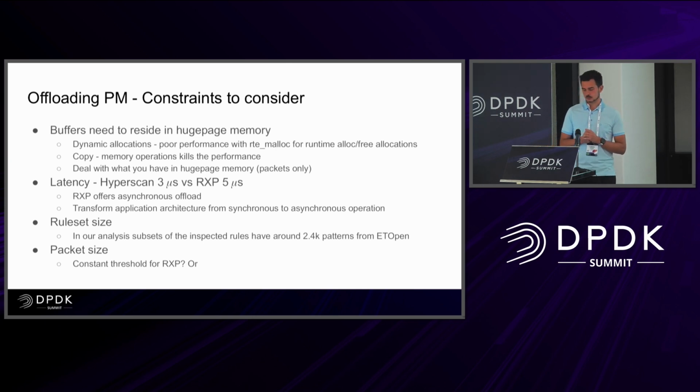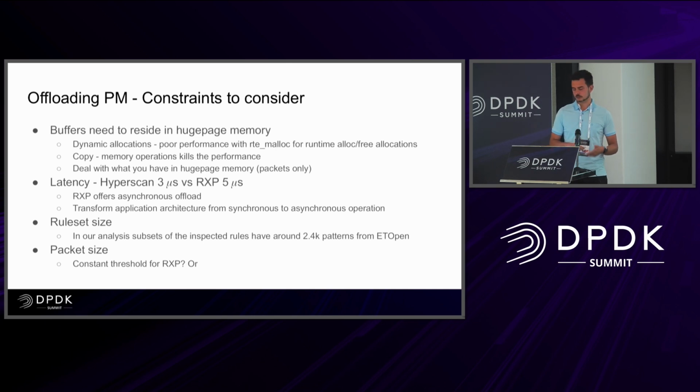Then we also had to consider the rule set size. The rule sets in Suricata can have 50 to 100,000 rules. Those are pretty normal numbers, but those are not directly searched. They are split into subgroups.